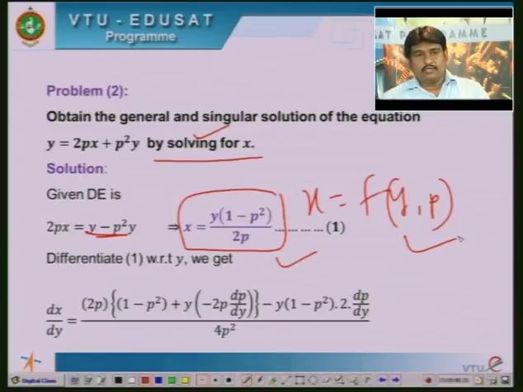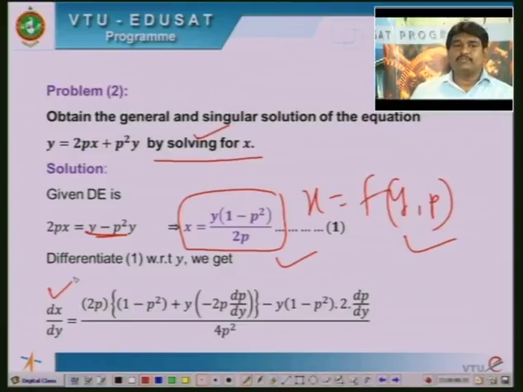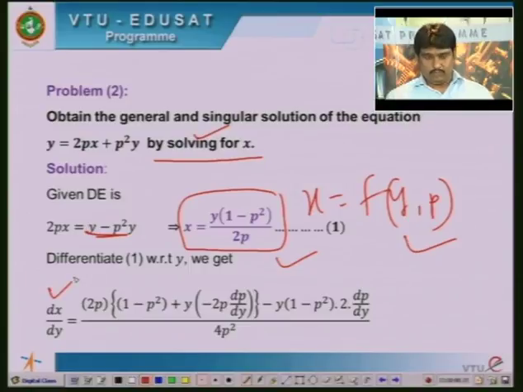Step 2 is to differentiate this with respect to y. So on the left hand side, the derivative of x with respect to y is dx by dy. Now use the quotient rule, u by v rule: the denominator, which is 2p, into the derivative of the numerator. But the numerator contains a product of two terms, that is y into 1 minus p square. So you have to apply the product rule internally here. The first function is 1 minus p square, the derivative of y is 1, plus the first function y as it is.